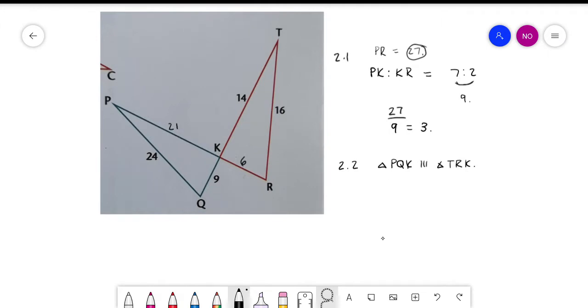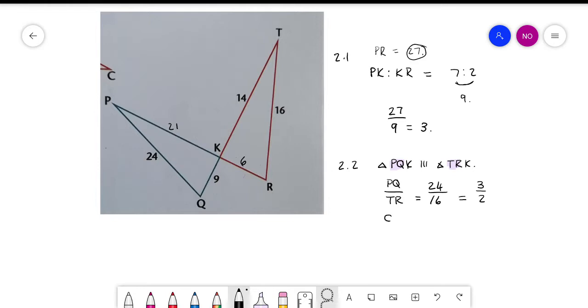So I'm going to start by saying PQ over TR is equal to 24 over 16, which simplifies to what? 3 over 2, right? Okay, so kyk mooi, ek het gevat 1, 2 op 1, 2. It has to remain in the correct order.